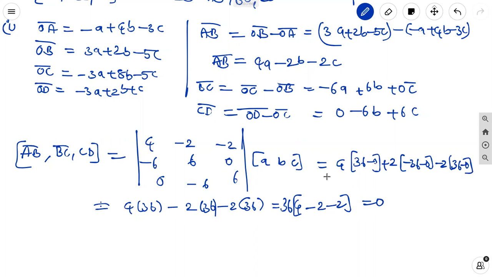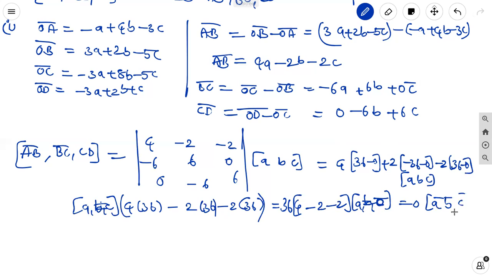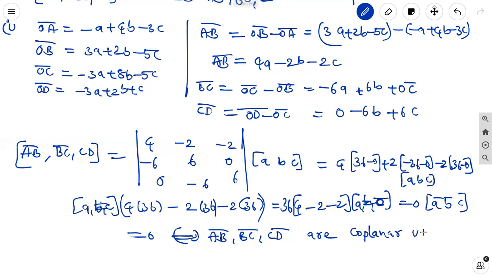But it is with the volume, that is abc, this is also the abc determinant value. This is equal to 0 into abc, which is equal to 0. From this we can write that AB, BC, CD are coplanar vectors.